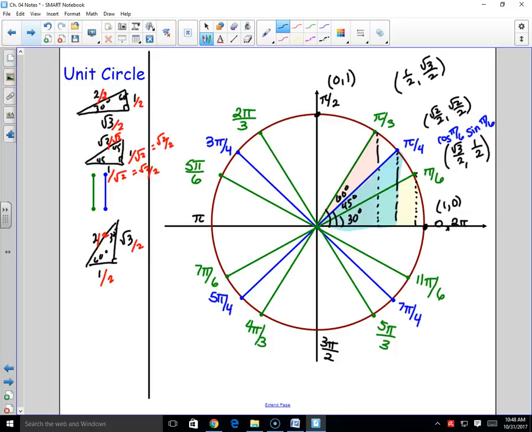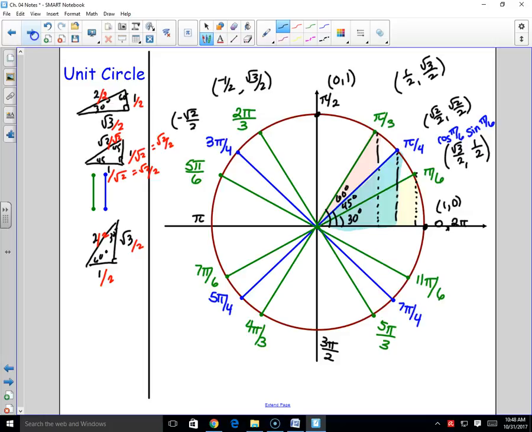Where am I going? Over a little or a lot? A little, which means 1/2, but what direction? Negative. Good. So I'm going left a little and up positive, a lot. Which one's that? Root 3 over 2. Okay, for 45, 45, over halfway, up halfway. Which one's the one that's halfway in between?